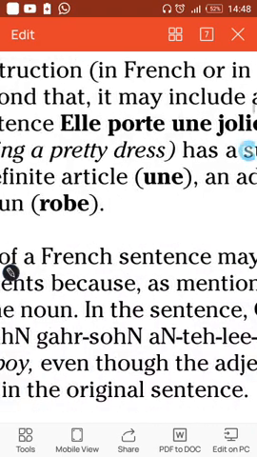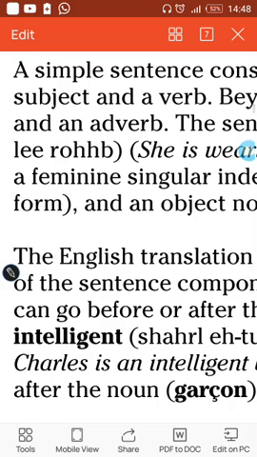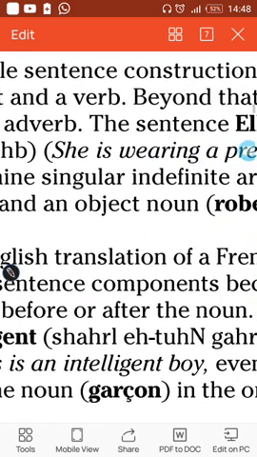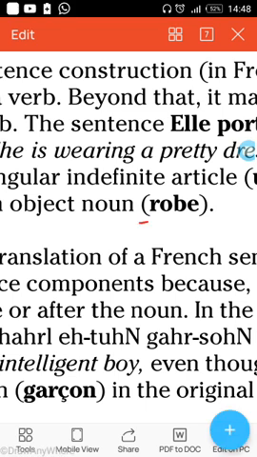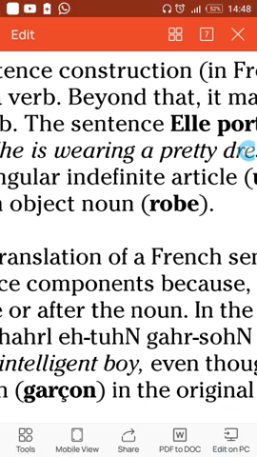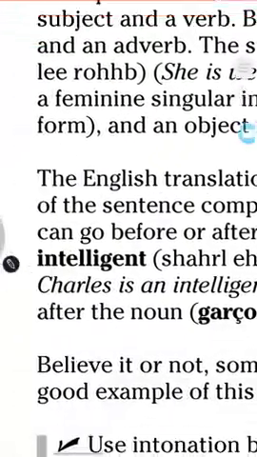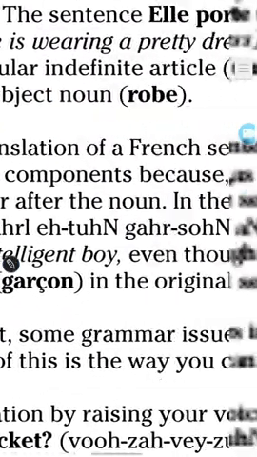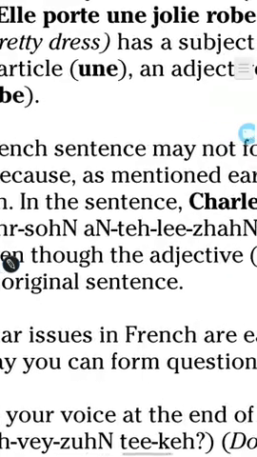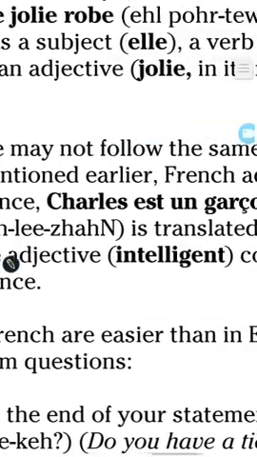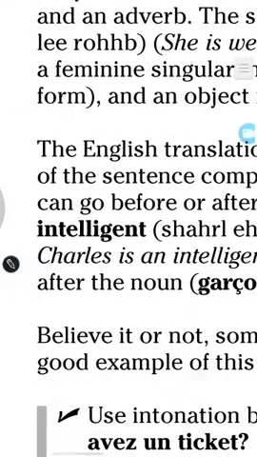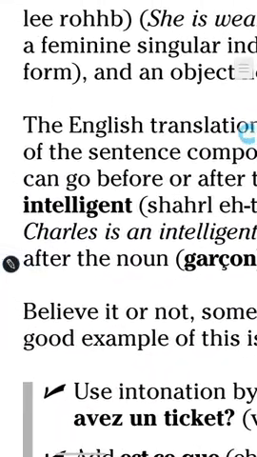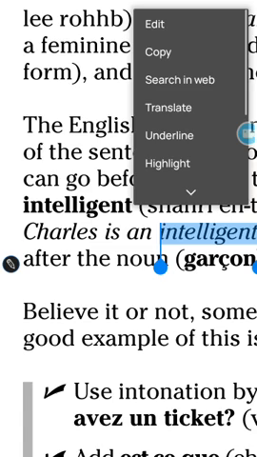You have to understand the sentence components, because as mentioned earlier, a French adjective can go before or after the noun. In the sentence, Charles est un garçon. Charles is a boy.